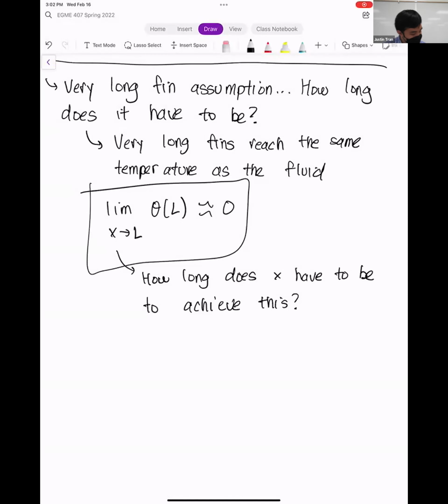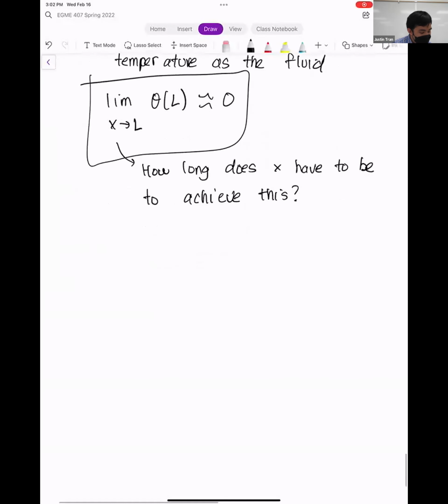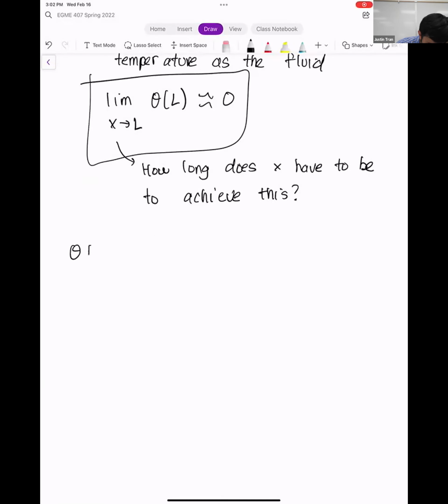Okay. And so let me go ahead and write down our temperature distribution from before. Our temperature distribution from before was 75 e to the minus 21.08 x. All right.